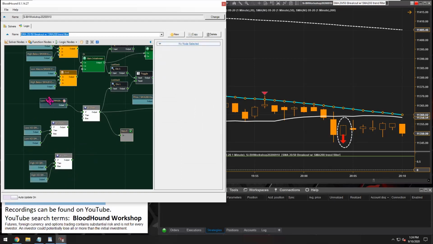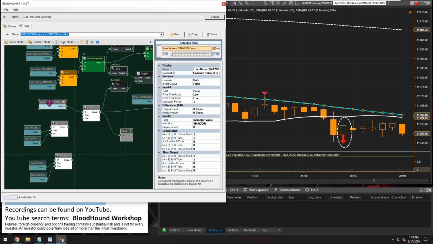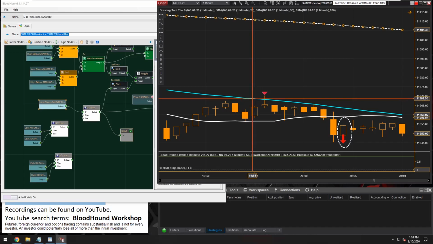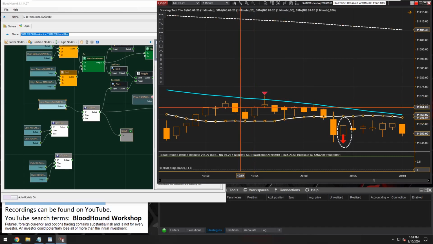Remember I built this solver previously, right? It looks at whether the bars are above or below our 200 moving average, determining whether we're looking for long signals or short signals. So now I need another comparison solver that tells me, is the 20 above or below the 50?